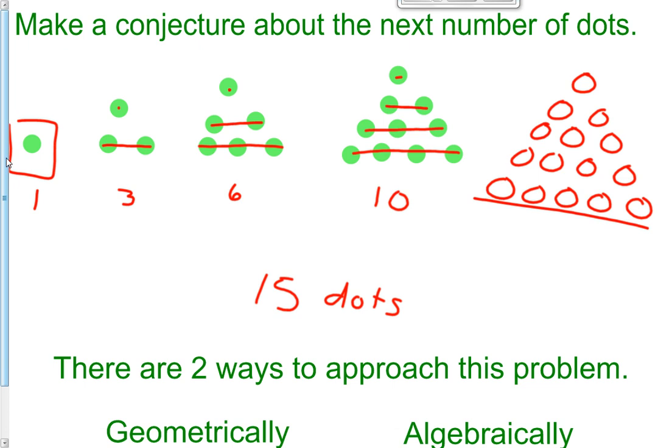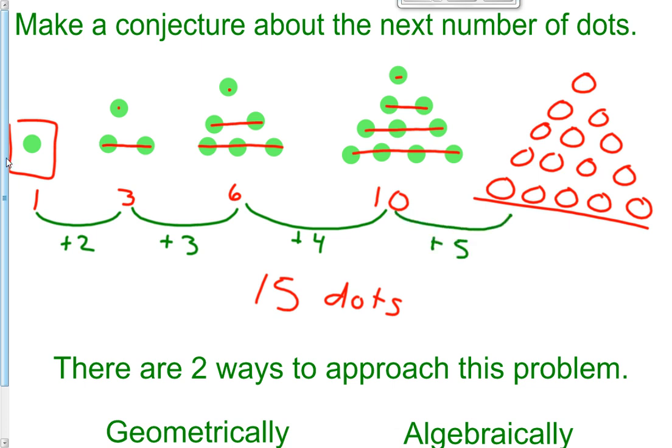To go from the first picture to the second, I had to add 2. From the second to the third, I had to add 3. From the third to the fourth, I had to add 4. So a possible conjecture is that going to the next picture, I would have to add 5. What is 10 plus 5? 15. So there are two possible ways that you can make a conjecture using inductive reasoning.